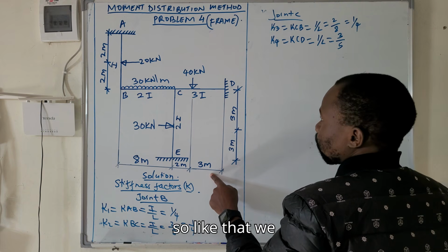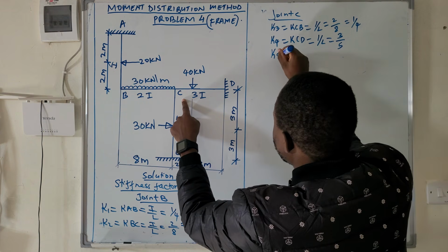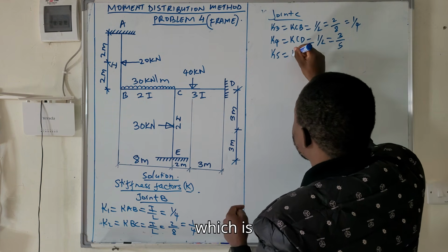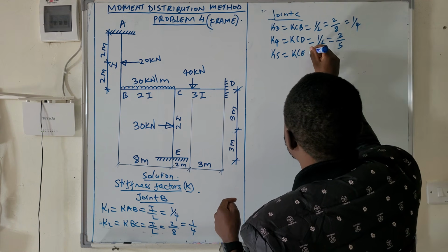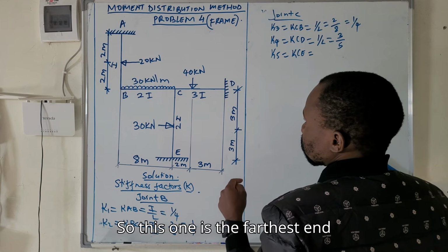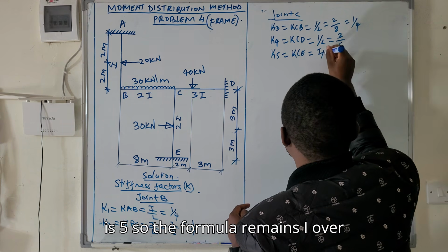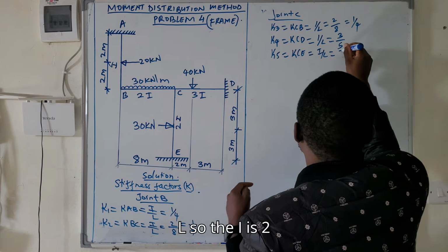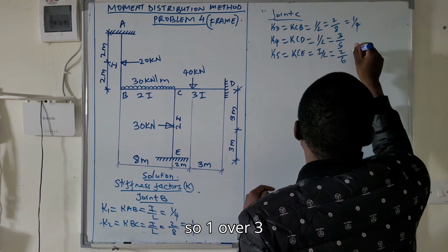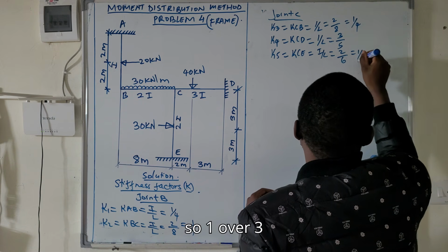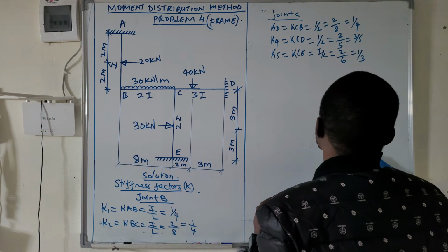Like that, we have K5, which is KCE. So this one is, the farthest end is fixed, so the formula remains I over L. So the I is 2 and L is 6. So 1 over 3. And this one is 3 over 5.